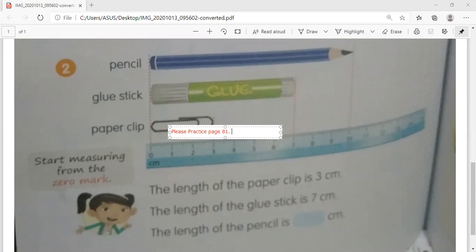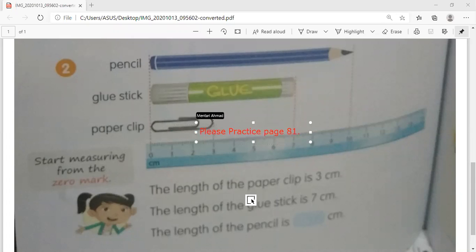And then for question number 1, again, let's practice. So your task is page 81, yeah. So wait, I will make it bigger than before. Oh, I think it's okay.